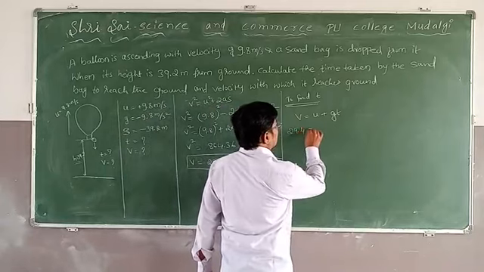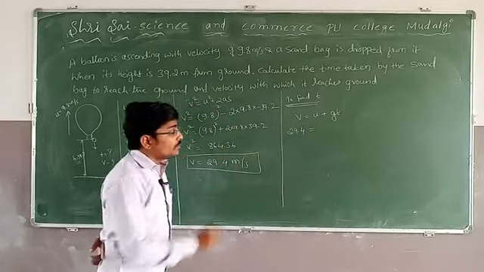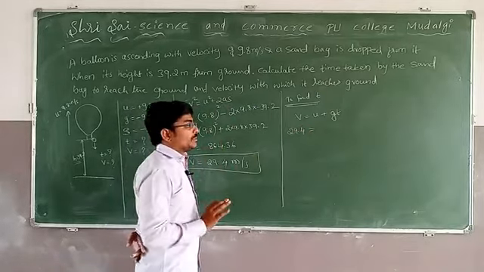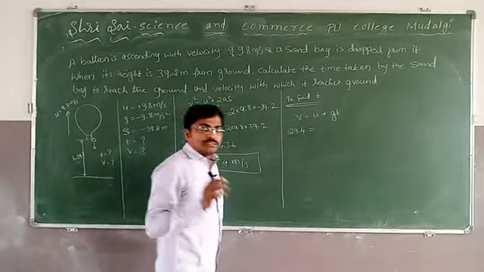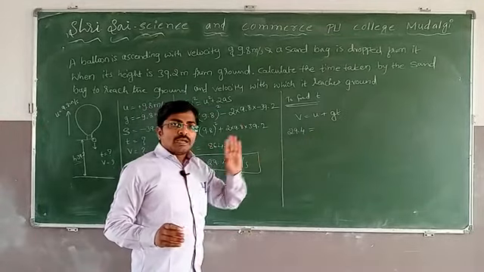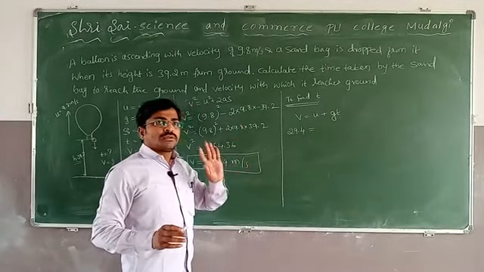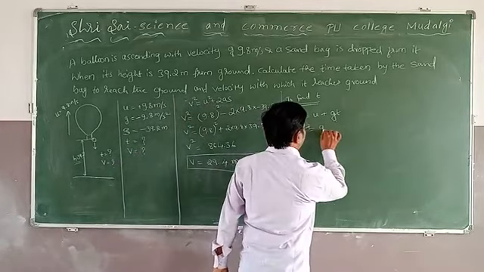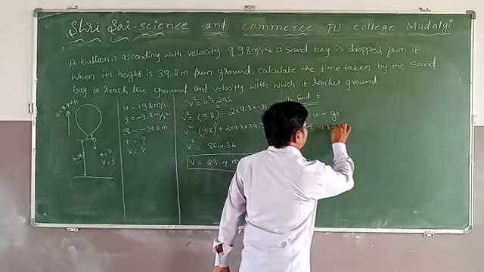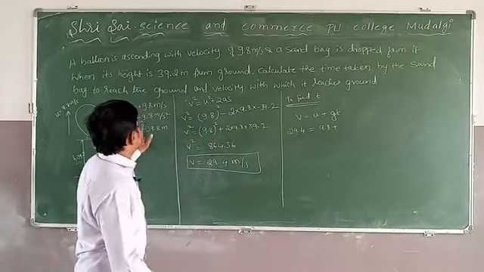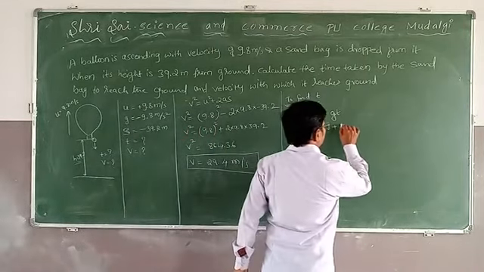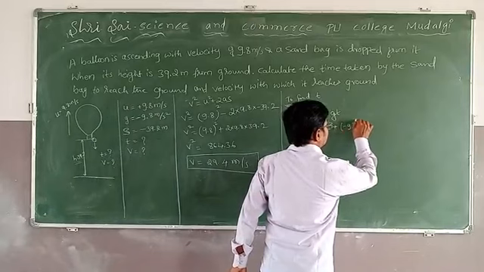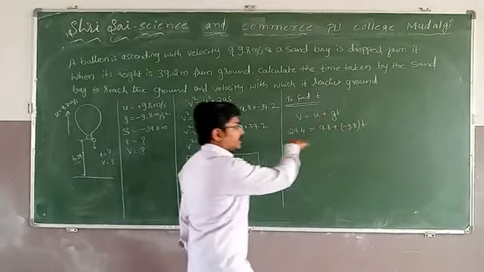Remember, while taking this one, please observe, am I using the correct sign convention or not? Please observe carefully. What is the value? 9.8. What about g? Minus, no? Minus 9.8. Minus 9.8 into t. We have to find the t value.